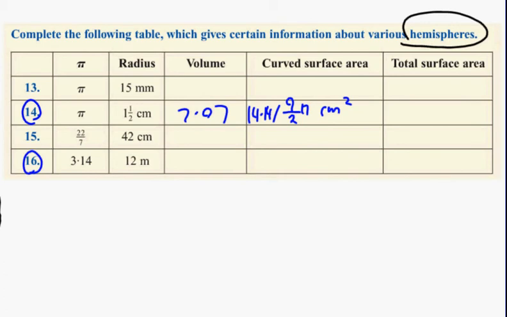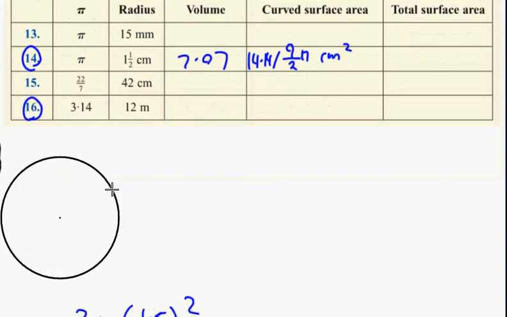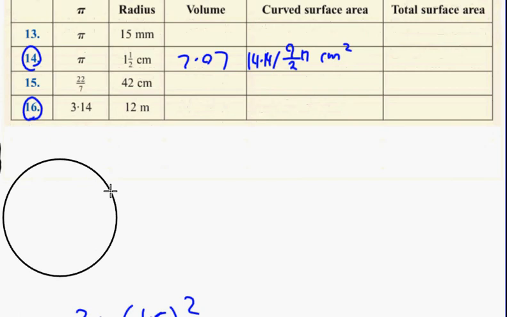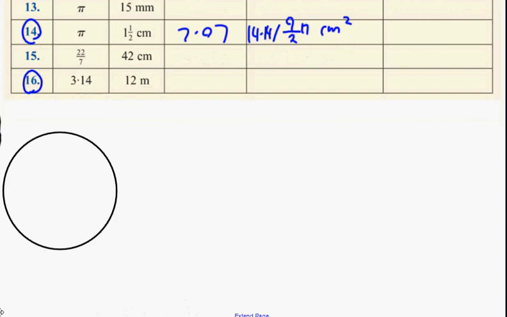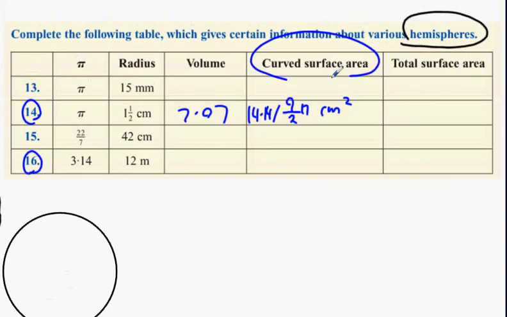You won't find the hemisphere formula, no. You'll find the sphere formula, only the sphere. It'll say 2 things underneath it. It will say V equals 4 over 3 pi r cubed, and then it'll also say A equals 4 pi r squared.